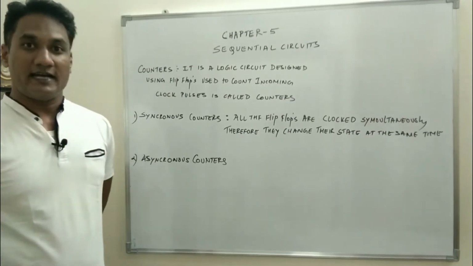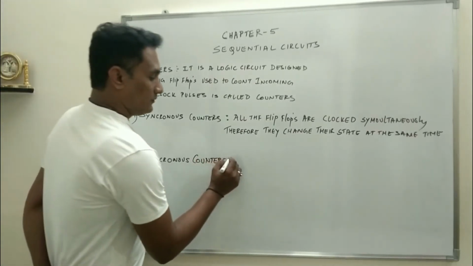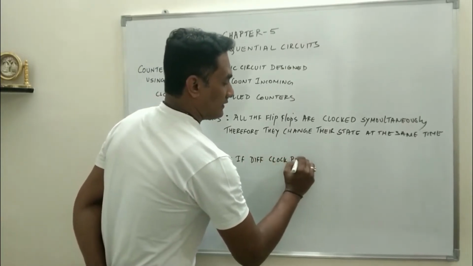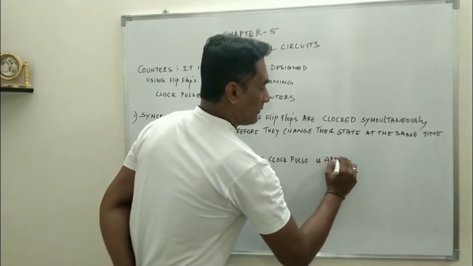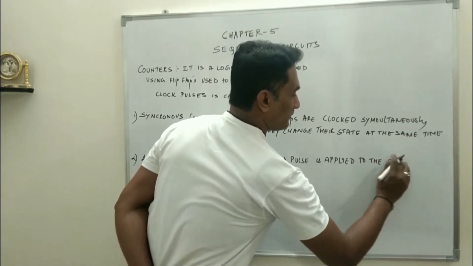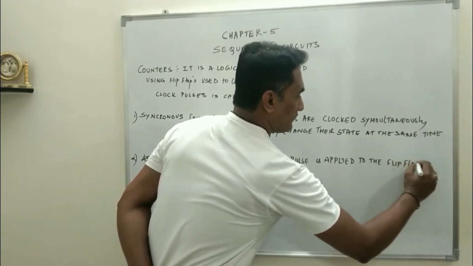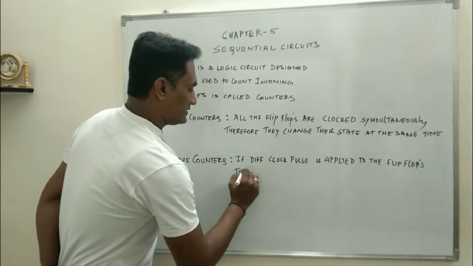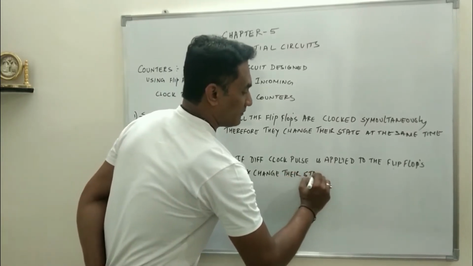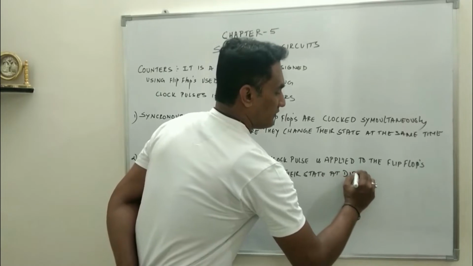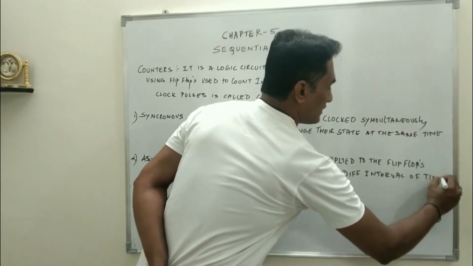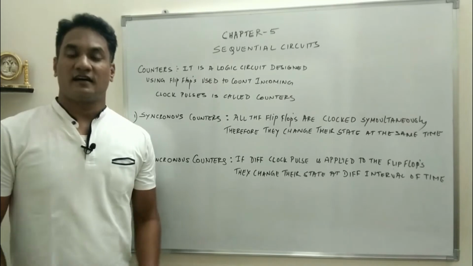So if different clock pulses are applied to the flip-flops, they change their state at different intervals of time. Such counters are called asynchronous counters.